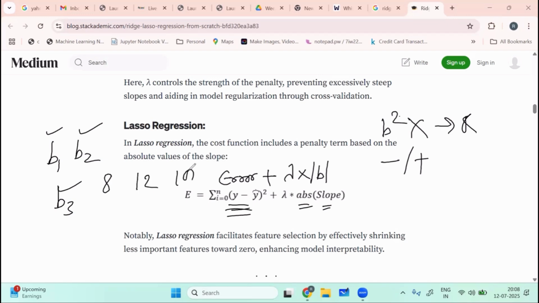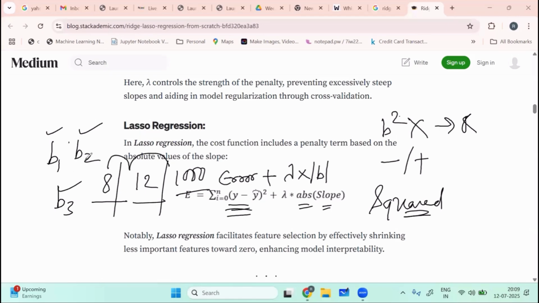B3 is 1000. Just assuming. So this is not properly scaled, right? 8, 12, 1000. In that case, you can go for a squared approach, because that will normalize your coefficients B1, B2, B3. So that's how exactly you can manage.